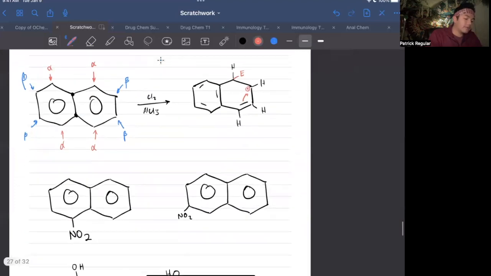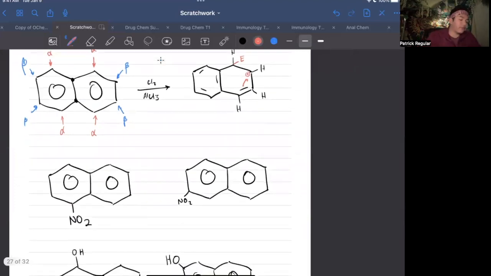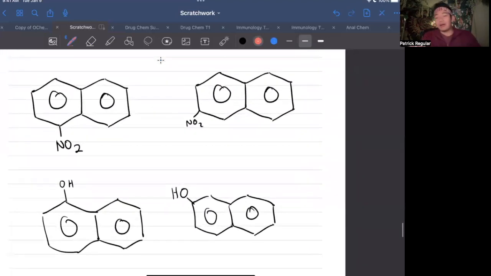Now, with that being said, let's look at the four different scenarios. We already know that if you just have plain naphthalene and you're reacting it with one of your various reactions, it just adds to an alpha carbon. But what if you already have something there? That's where it gets a little tricky, but it's still easy to grasp.